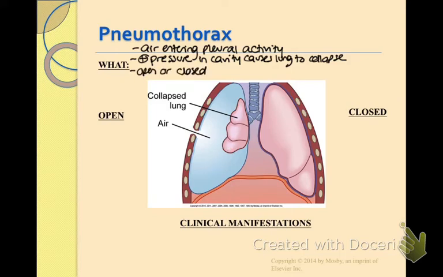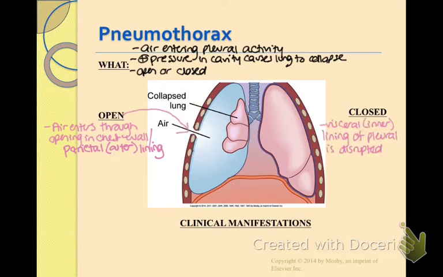And it can be open or closed, which we're going to talk about right now. An open pneumothorax is where air enters through an opening in the chest wall, or the outer lining. So right in here is where it enters. So this is an open wound, like your knife wound that we talked about.